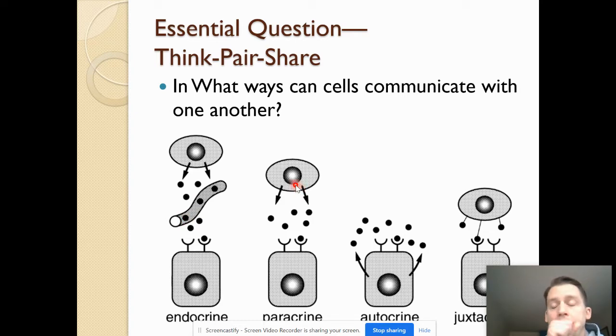Paracrine is short distance communication, which is between nearby cells. Autocrine, auto means self, so this is when a cell signals itself. And juxtacrine is a physical interaction between two cells that will stimulate one another.